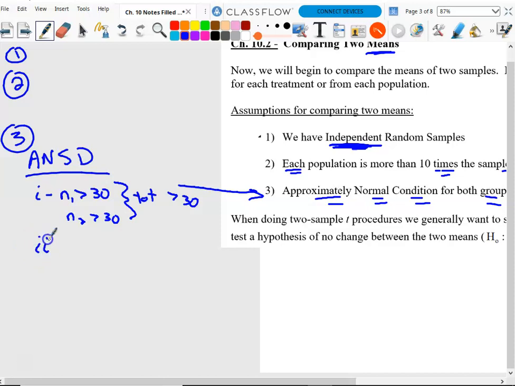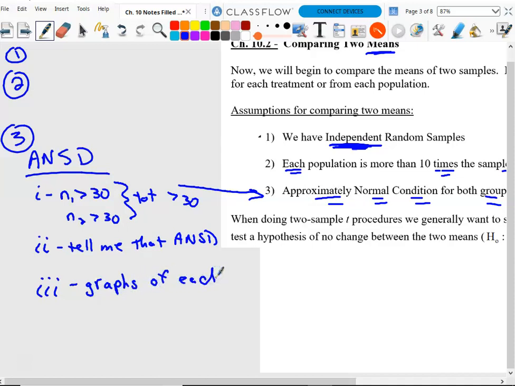Or they can tell me in the stem of the problem that ANSD is okay. Or, which I'm going to show you, which is evil and brutal, and I can't believe they did it, you have to make graphs of each set of data, and then talk about the same thing we did in Chapter 9.